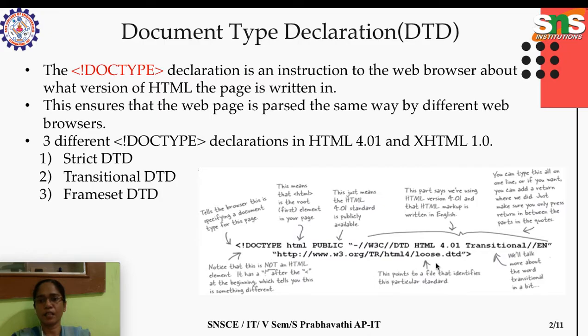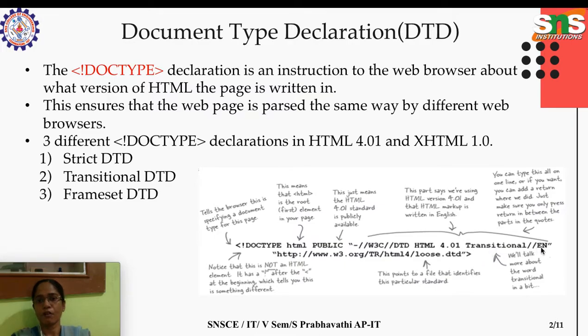And this is the syntax for a document type declaration. This is one example for the transitional version. The first character is an open angle bracket followed by an exclamation mark, DOCTYPE, then a space, then HTML, which is the root element of the web page, followed by PUBLIC, saying this HTML is publicly available, and what flavor the HTML is using, which is HTML 4.0 Transitional, in the English language.